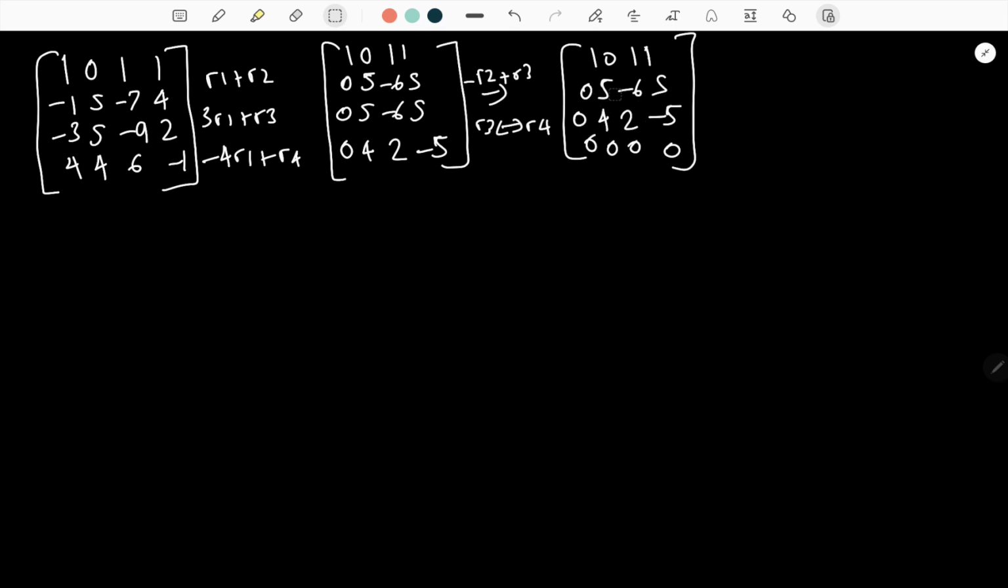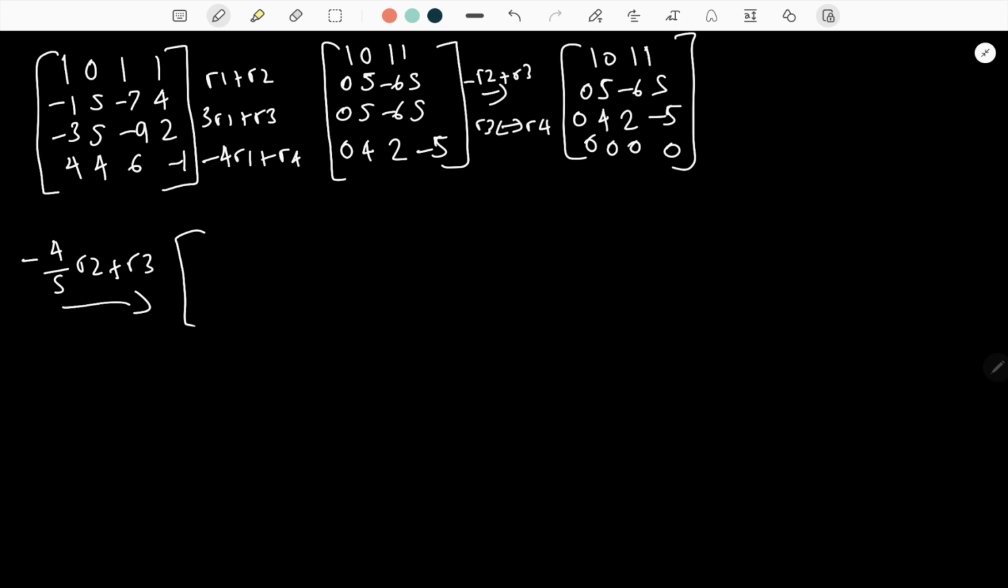Since this pivot here cannot be converted to 1, we'll use that. So what we can do is a very simple step, which is going to be minus 4 over 5 times R2 plus R3. Since 5 times minus 4 over 5 is going to be minus 4, we'll cancel this 4 out and we can do the rest.